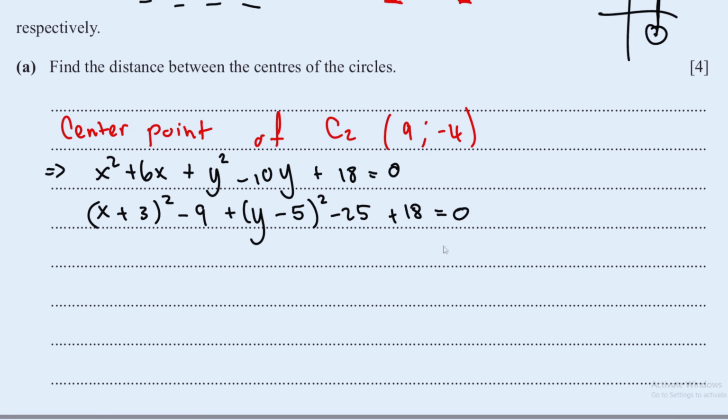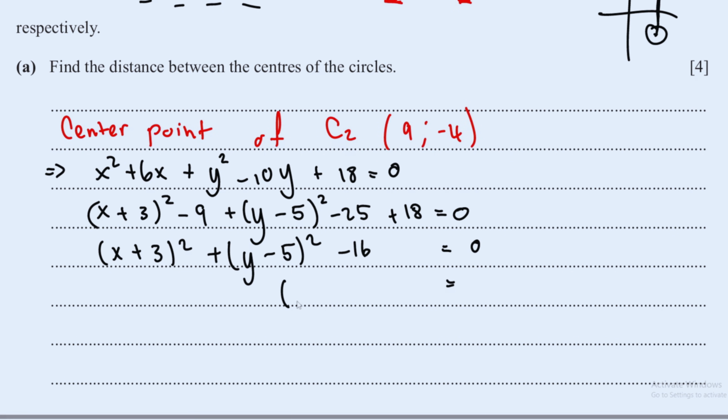So let me quickly find the equation of this circle. We've got (x + 3) squared plus (y - 5) squared. Then here we've got minus 9, minus 25 plus 18, which gives minus 16, equals 0.